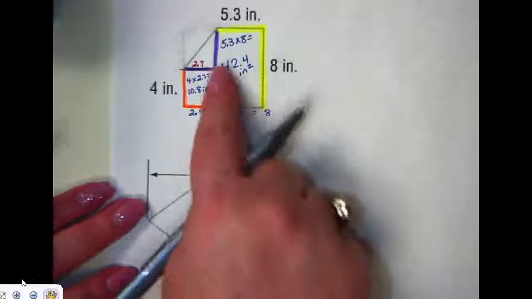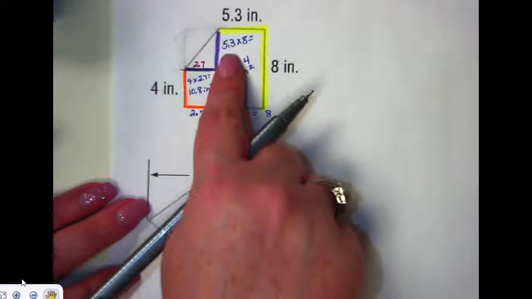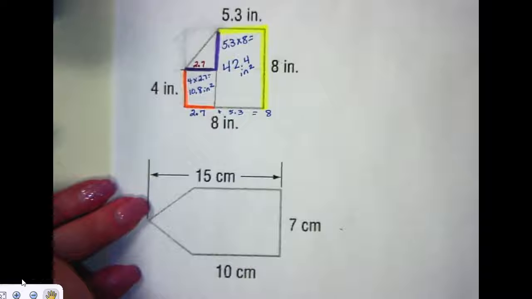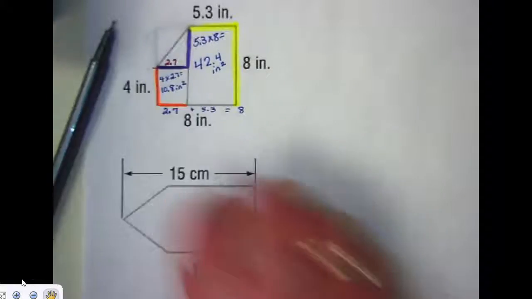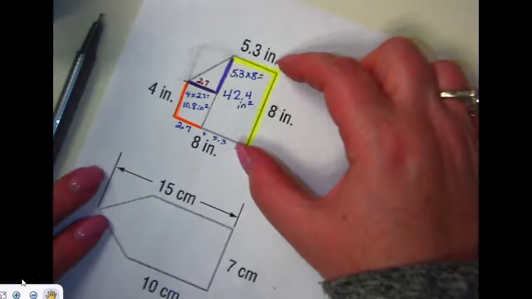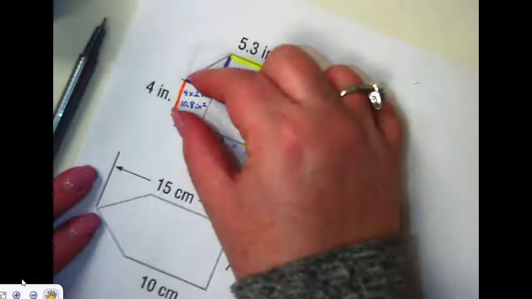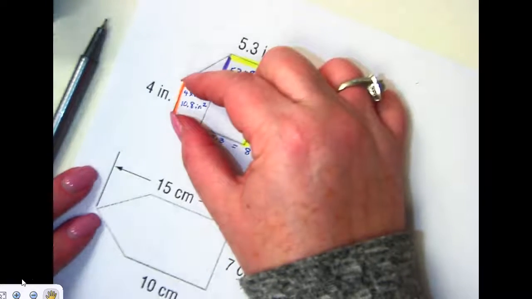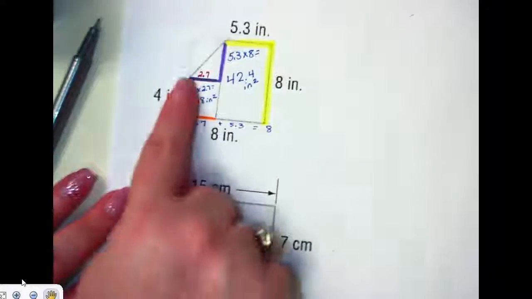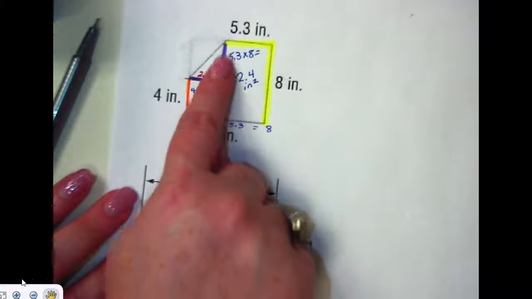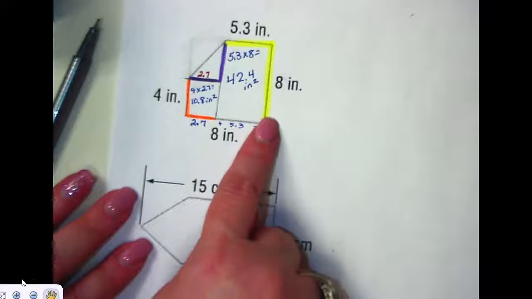All right, so now I've got to think about this height. Okay, so actually it is about half of the 8. I can tell that because this is 8, and from here to here is 4. So this plus this has to equal 8.